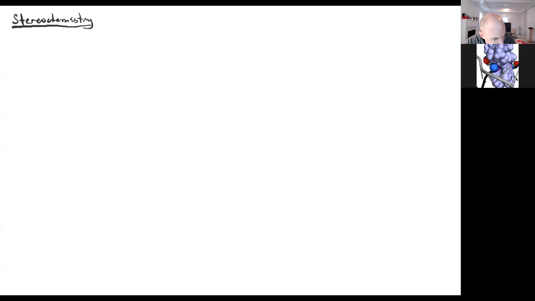All right, so I'm going to start by introducing a few terms, just so we have them. So stereoisomers are going to be molecules with the same composition and connectivity, but different spatial arrangements in space.